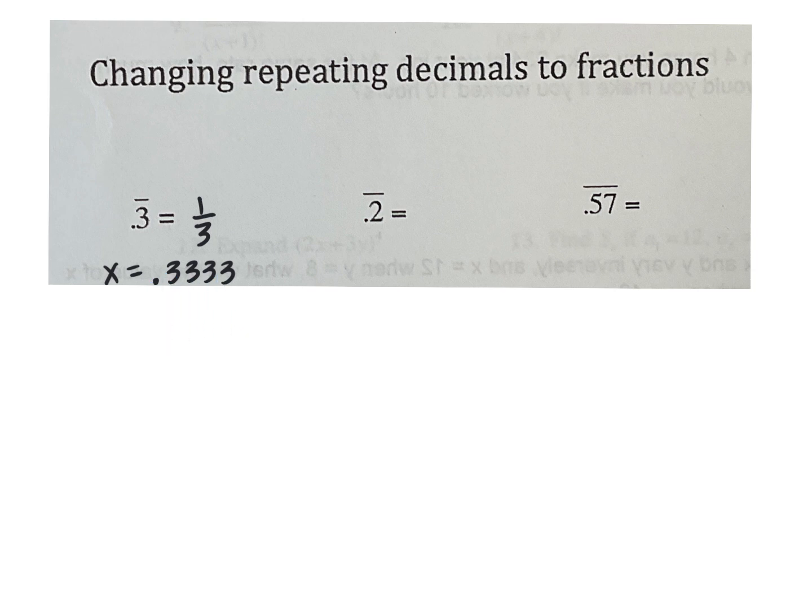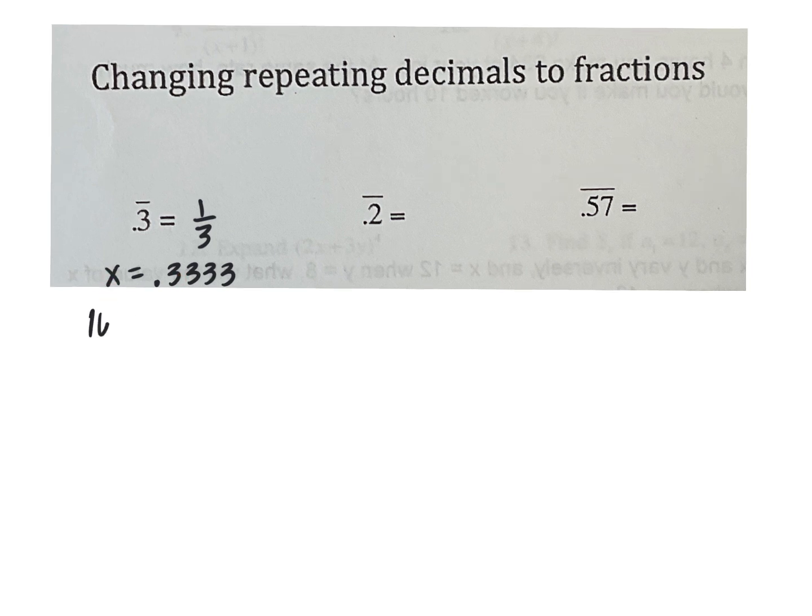And what I want you to do with that now is go ahead and let's multiply both sides by 10. If I multiplied this by 10, what would I get? 10x, okay. What about 3.33333 times 10? 3.333, agreed. So what I meant to have you do is actually write this part underneath it.